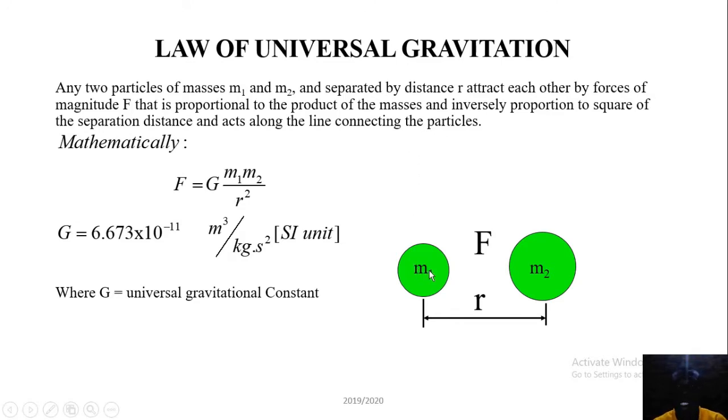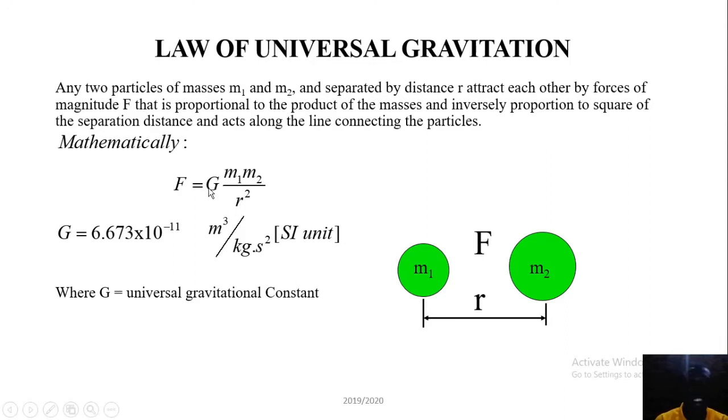Now we have masses m1 and m2 separated by a distance r from their respective centers, which would attract each other by a force F. Mathematically, F equals G times the mass of the first body times the mass of the second body, all over the square of the separating distance between the two bodies.